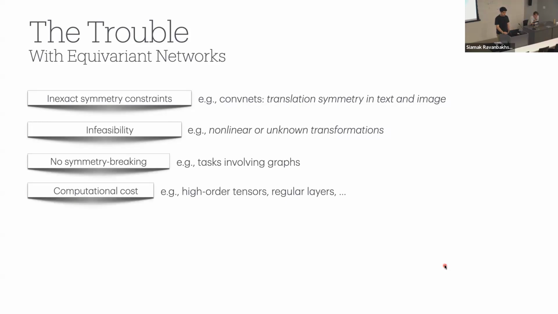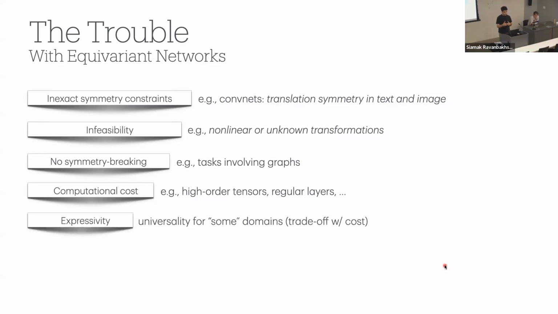One major problem is the computational cost. For certain equivariant networks, especially if you're dealing with high order tensors, for example, in modeling equivariance to rotation or higher order interactions of bodies, you get layers that are quite expensive computationally. And this computational cost has a trade-off with expressivity.